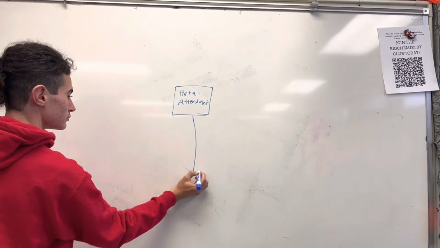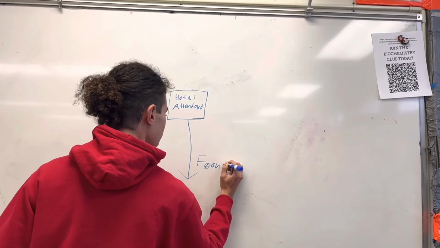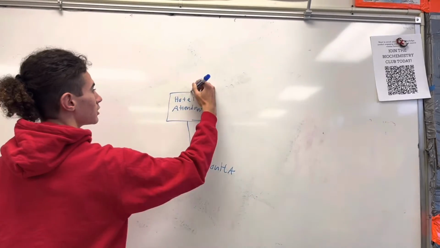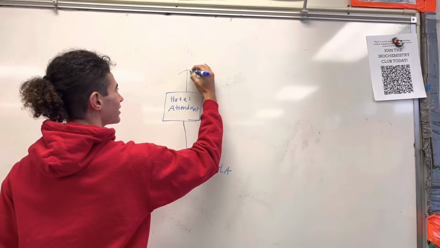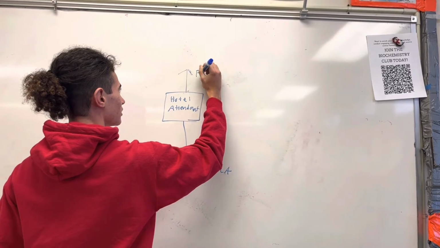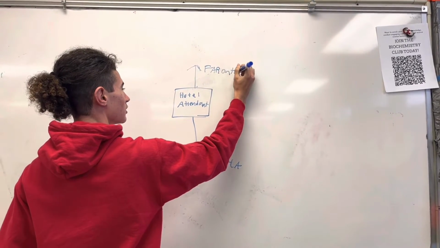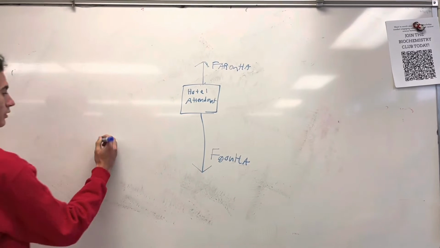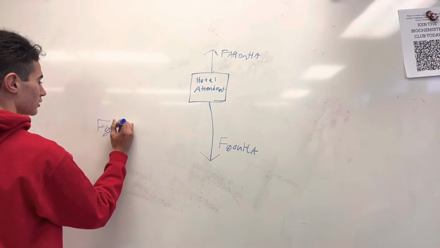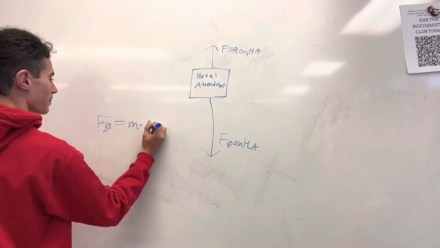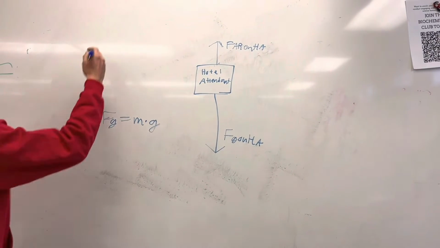First one, well, gravity, Fg on HA. The second one is air resistance, FAR on HA. It's not as big as gravity, but it is not negligible. But let's find the force of gravity on the hotel attendant, for which we can use Fg equals mg.